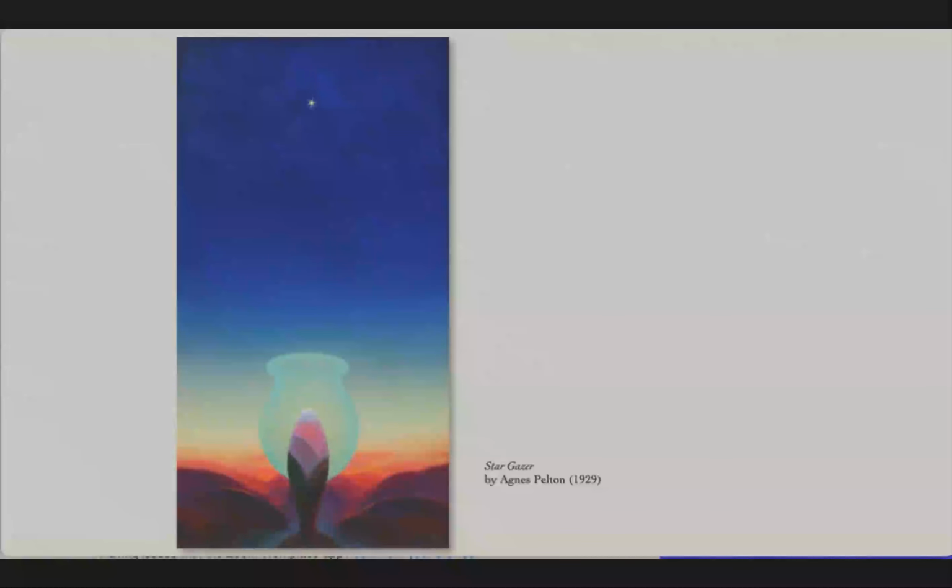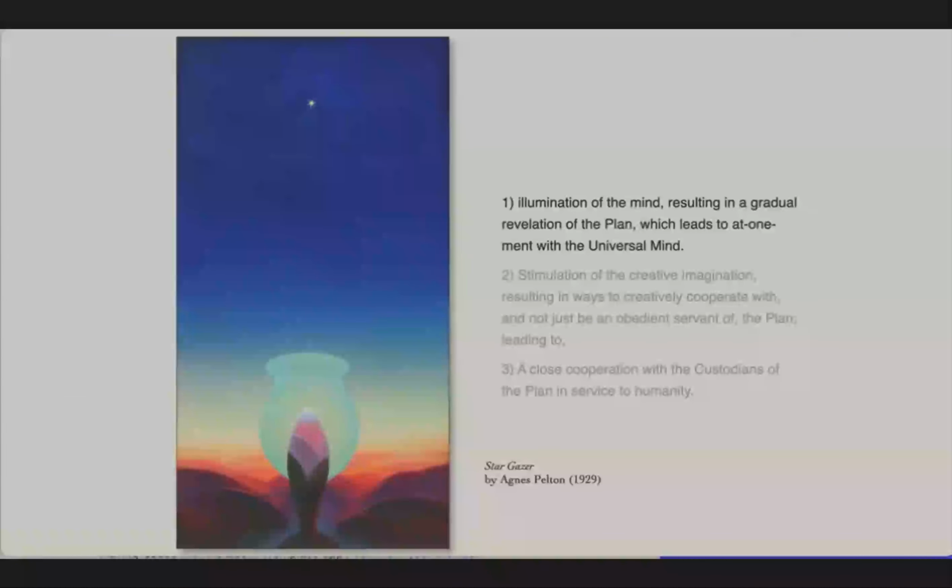When this meditation is successfully carried out, the effects are: 1, illumination of the mind, resulting in a gradual revelation of the plan, which leads to at-one-ment with the universal mind. 2nd, stimulation of the creative imagination, resulting in ways to creatively cooperate with, and not just be an obedient servant of, the plan. Get the difference?